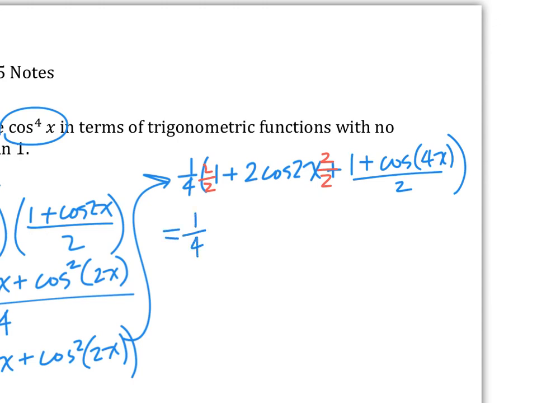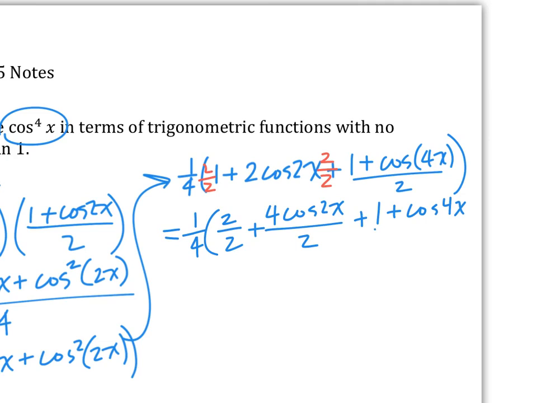Okay, 1/4 times 2 over 2 plus 4 cosine 2x over 2 plus 1 plus cosine 4x over 2. Are you guys with me? Yes. Thank you.